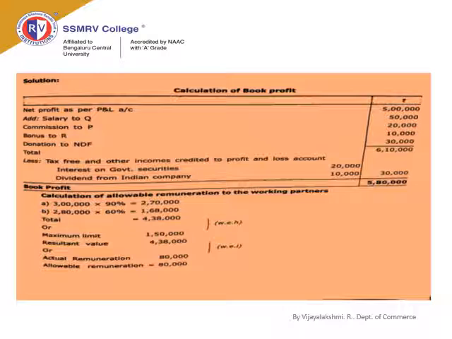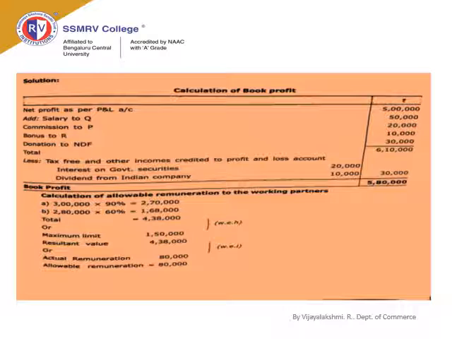Now please do remember to apply the slab we have discussed already. Up to rupees 3 lakh, 90% will be considered. For the remaining 2,80,000 we are going to consider 60%. So here is a calculation made for you. Calculation of allowable remuneration to the working partners. Up to rupees 3 lakh we consider 90%, which comes to 2,70,000.